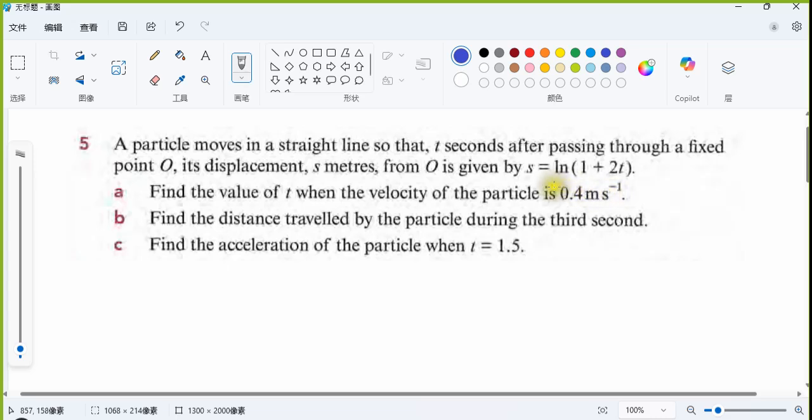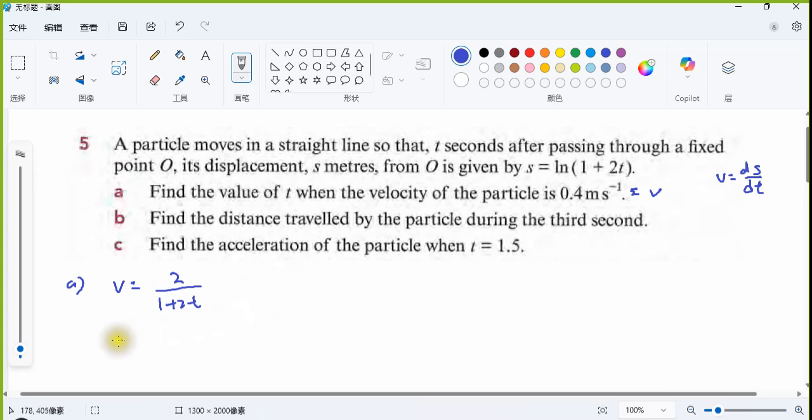So velocity v is the first derivative of the displacement, v is ds/dt. So v is 2 times 1 over 1 plus 2t. So it's 1 over 1 plus 2t, multiplied by 2. This will be the formula.